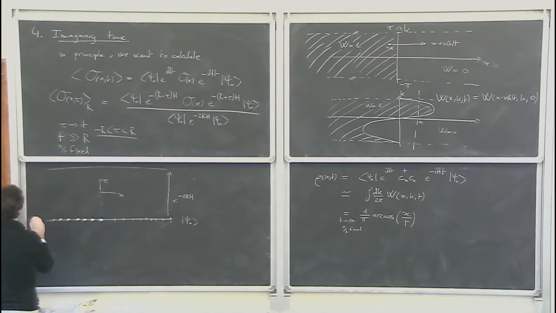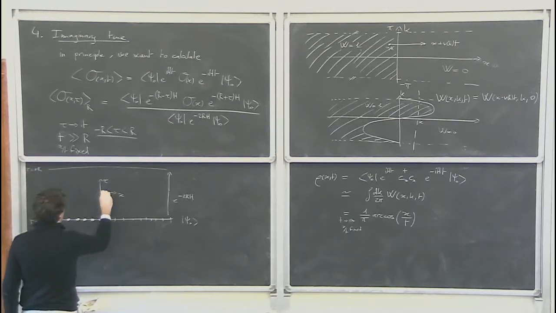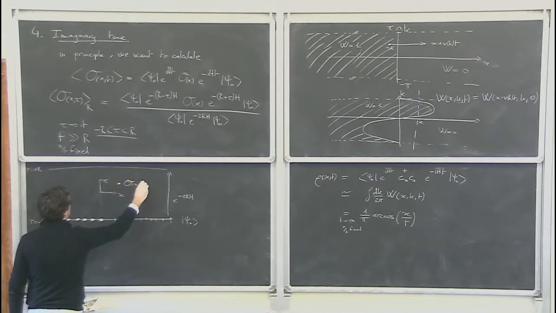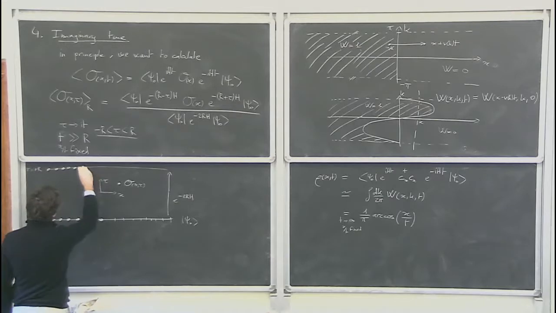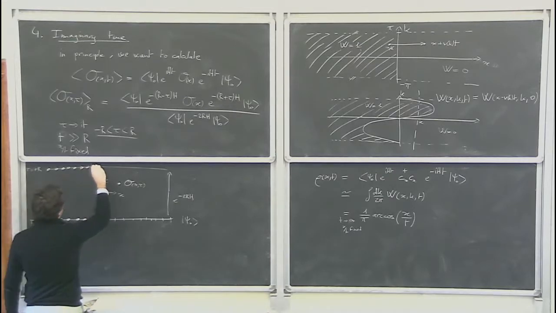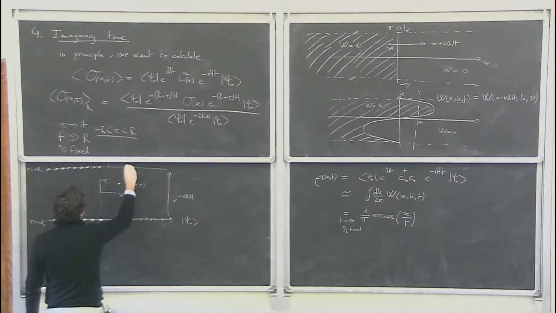This is tau equals minus r, this is tau equals plus r. Imagine that I want to calculate the expectation value of some observable here at x and tau. Again, this is the state that is completely filled and empty on the right.